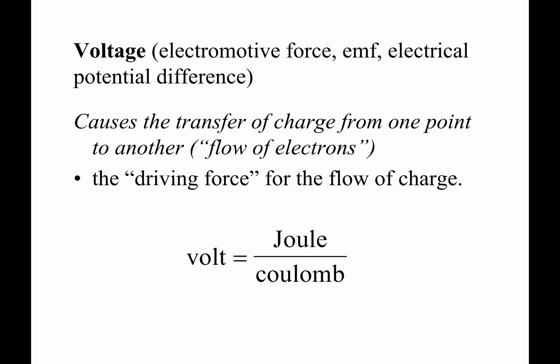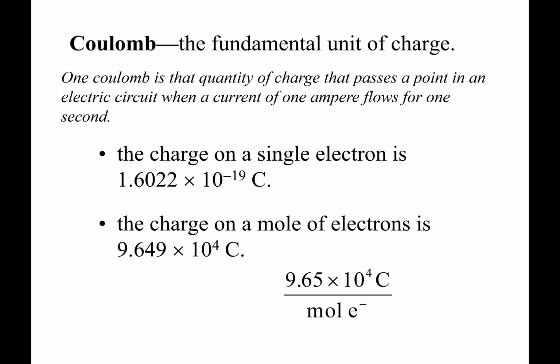So that little needle up at the top will give you what's called voltage. Voltage is energy per charged particle, basically. So joule, of course, is a unit of energy, and coulomb is a measure of charge.